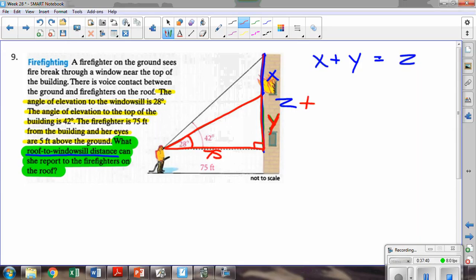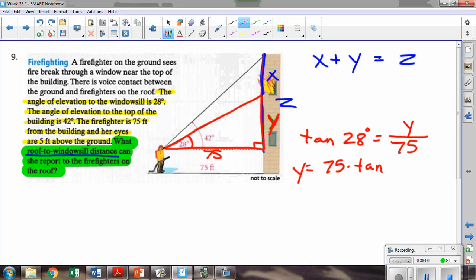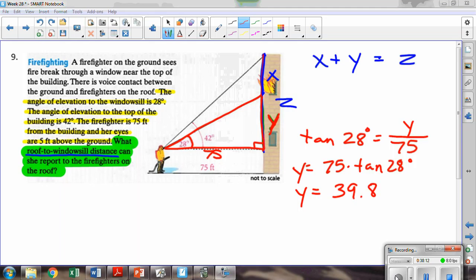That would allow us to say the tangent of 28 degrees equals opposite over adjacent. So Y is equal to 75 multiplied by the tangent of 28 degrees. And after using our calculators, what does that give us? I'm being told that's 39.87. Okay, so great. We now know the value of Y.